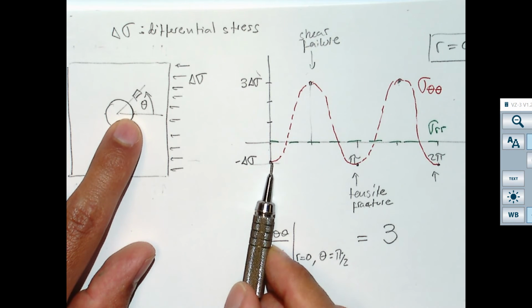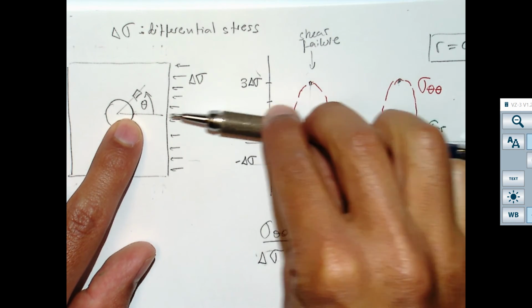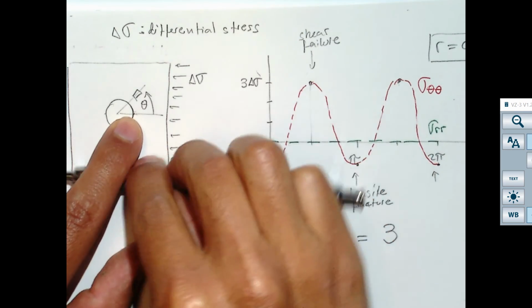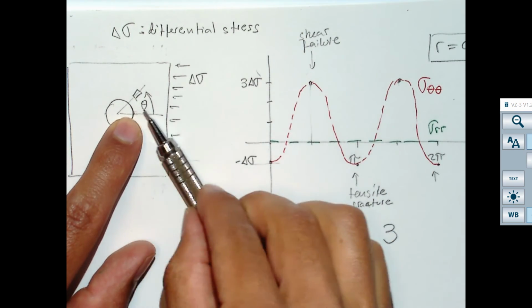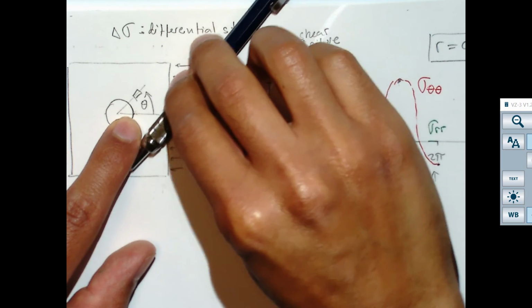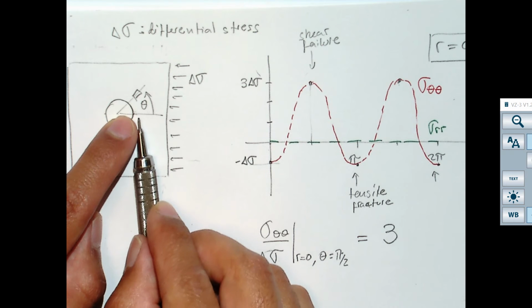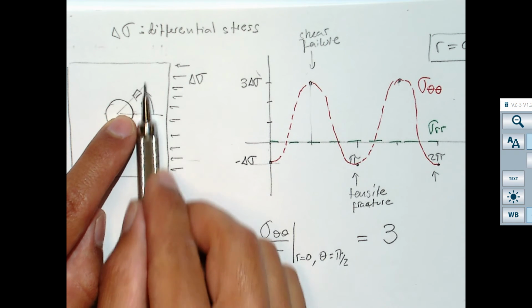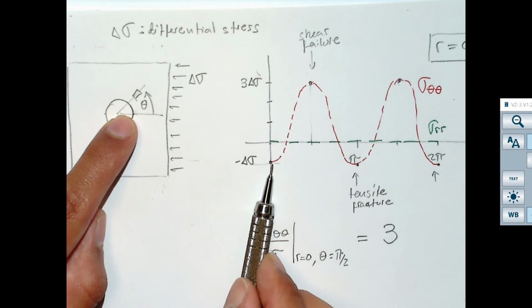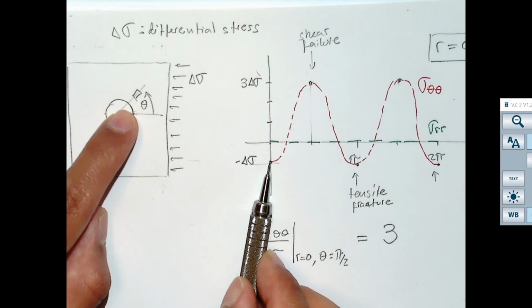Here you're going to have tension because your stresses travel like this. The compression stresses bend, and at that point they depart in different directions, and so you end up with a component of tension in this direction.